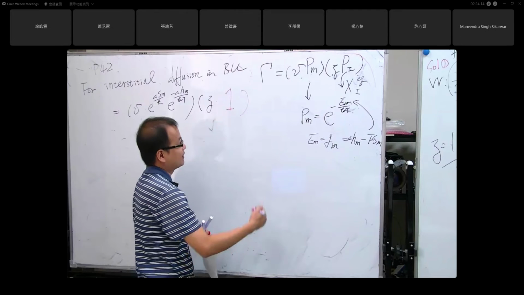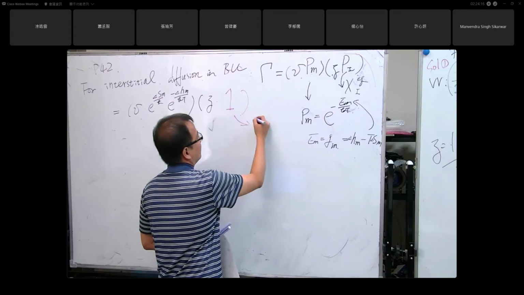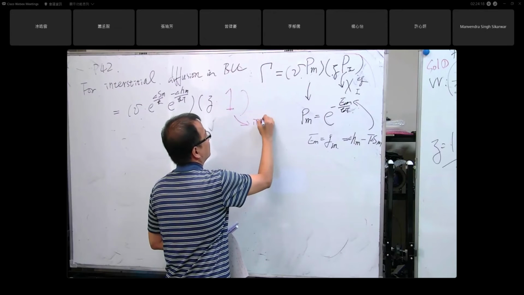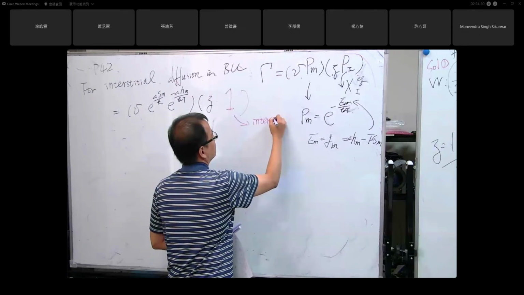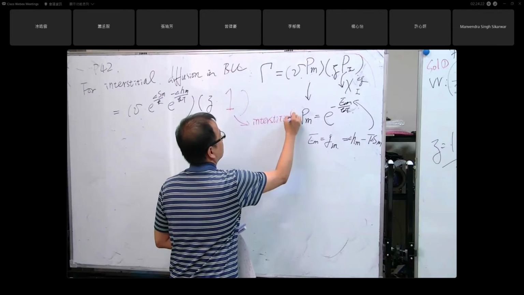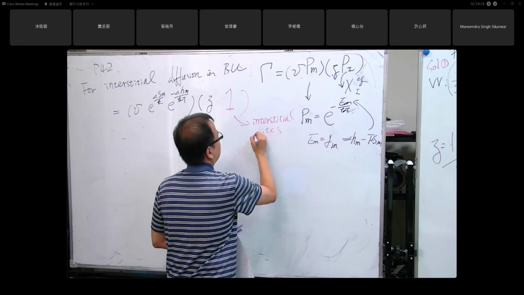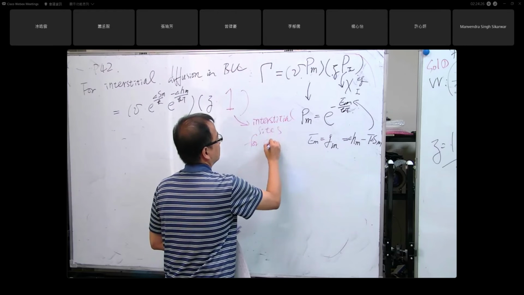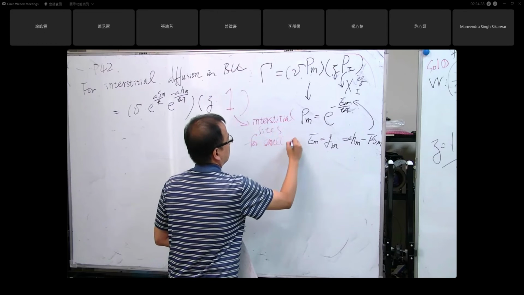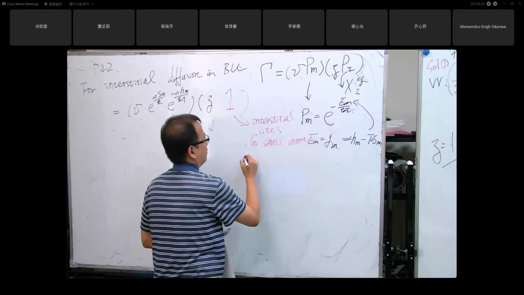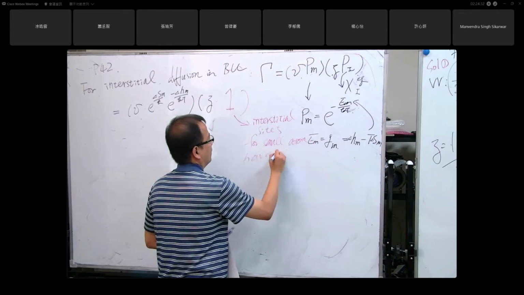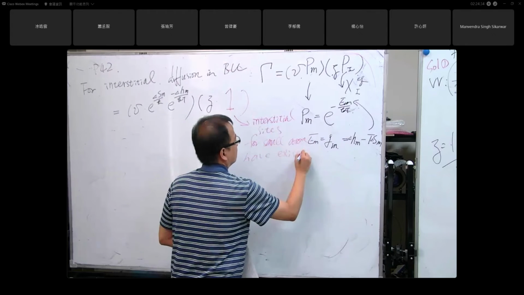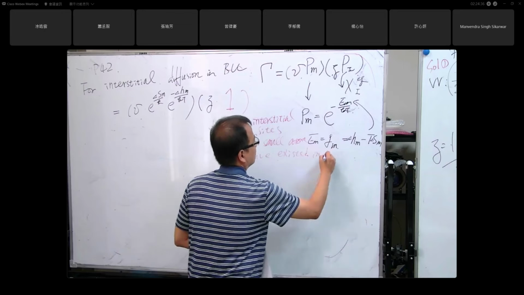Because the defect site, the interstitial site, for a small atom, exists in the crystal.